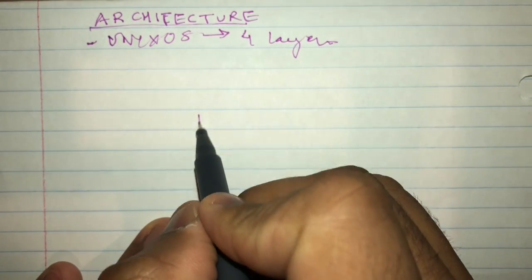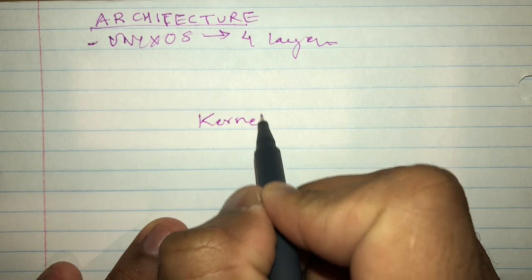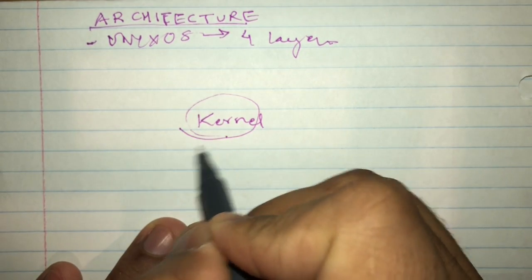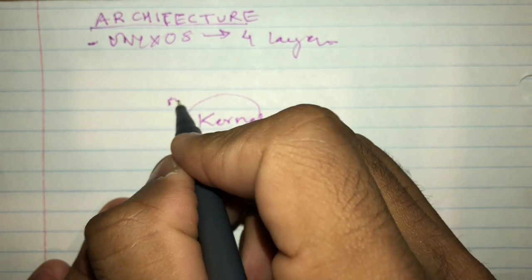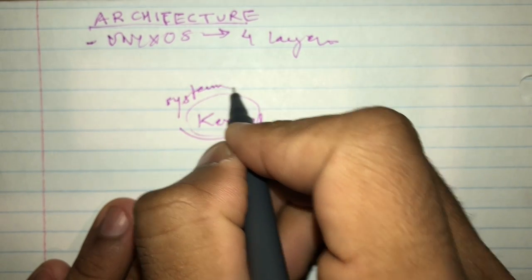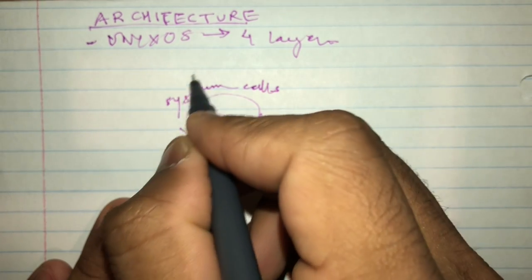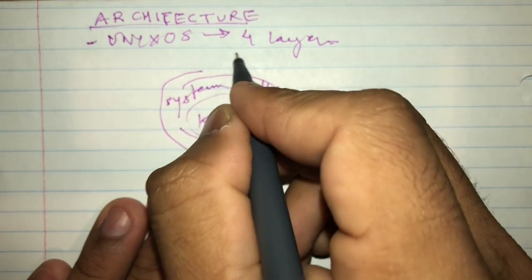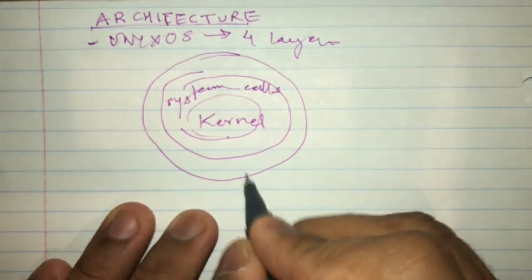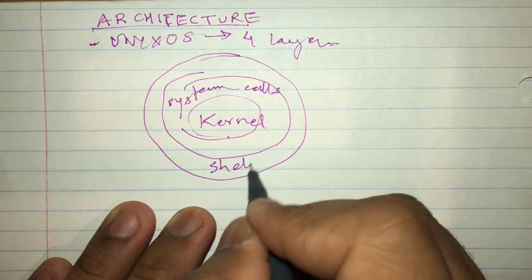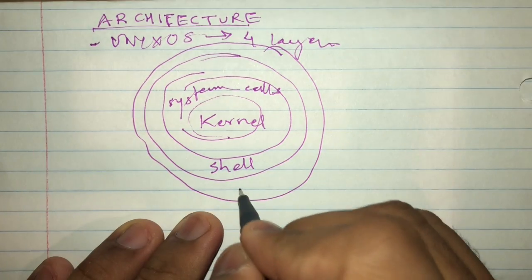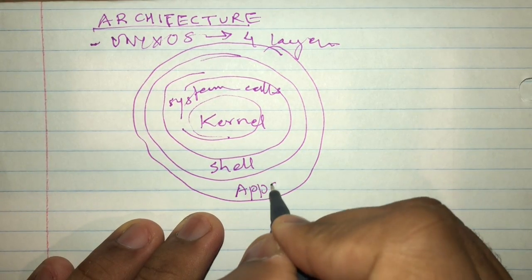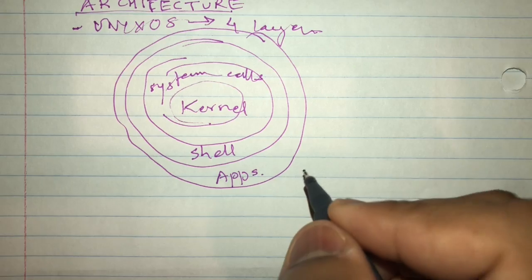The innermost layer is the kernel. Let me give you the 4 layers and then we'll talk about what each layer does. The second layer is system calls. The third layer is shell. And the fourth layer is application programs. I'll just call it application or apps.